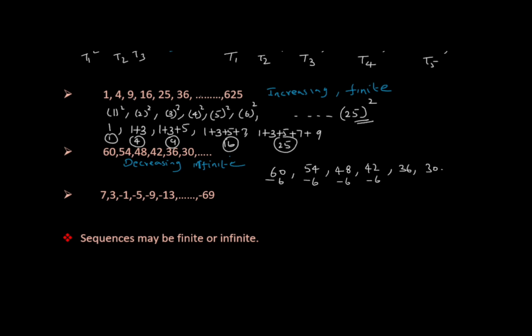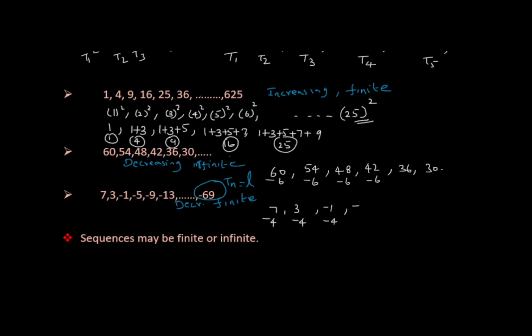The next decreasing, once again we are having decreasing and finite. The last number is given. This is Tn. We don't know which term that is, Tn, and we can name it as L. So it is decreasing and finite sequence. That is 7 minus 4, we are getting 3. 3 minus 4, minus 1.